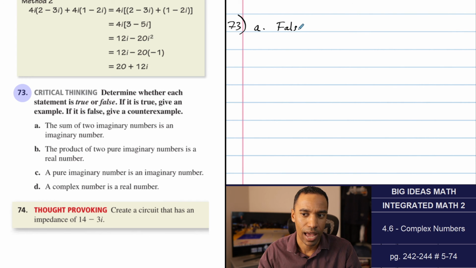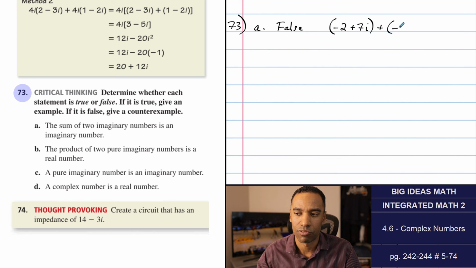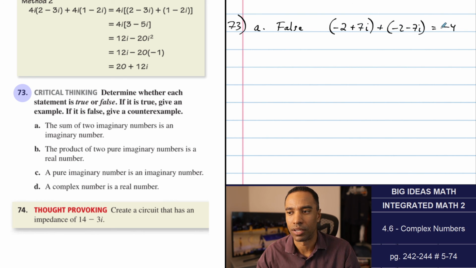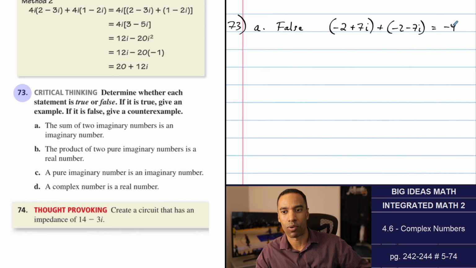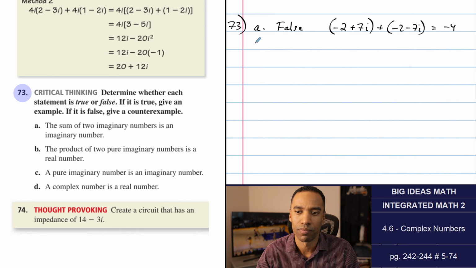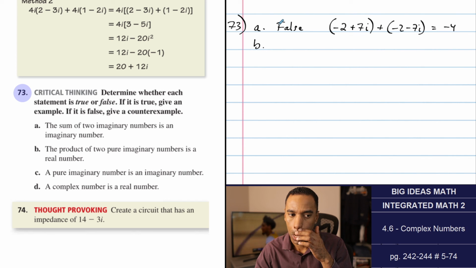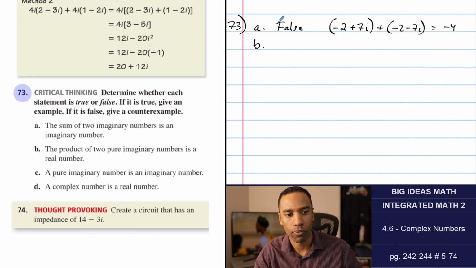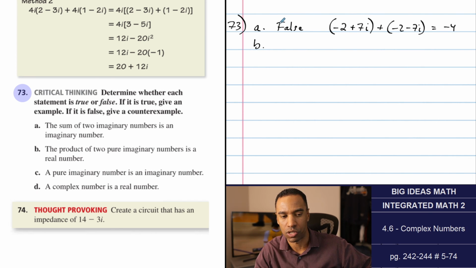So the sum of two imaginary numbers is an imaginary number. False. We could see negative 2 plus 7i plus negative 2 minus 7i. This is an imaginary number, this is an imaginary number. The result is just negative 4. The imaginaries canceled out. We got a real number as a result. So A is false. B, the product of two pure imaginary numbers is a real number.